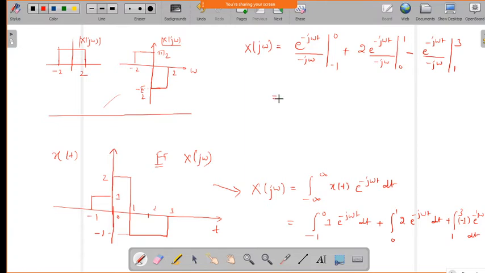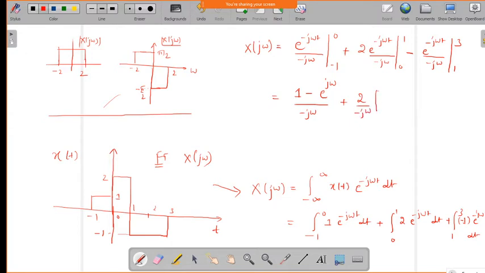Okay, so we put the values 0 and minus 1 corresponding to t. So we will get e power, so this is 1 minus, because e power 0 becomes 1, minus, and if you put the value of t it becomes e power plus j omega, divided by minus j omega, plus 2 into 2 divided by minus j omega.